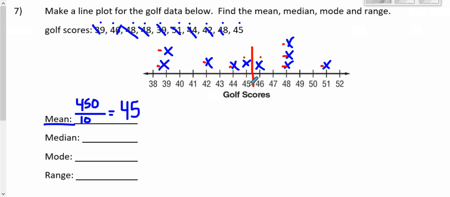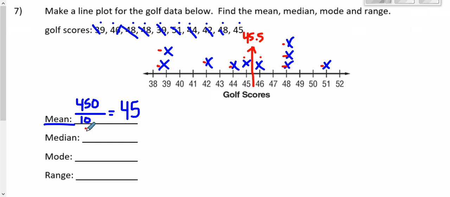And remember my trick, I'm going to count how many I have to the left, and that should match the number I have to the right. 1, 2, 3, 4, 5. 1, 2, 3, 4, 5. Okay, I'm good. So my median right here in the middle is in between my 45 and my 46, and I know the number exactly in between 45 and 46 is 45 and a half.